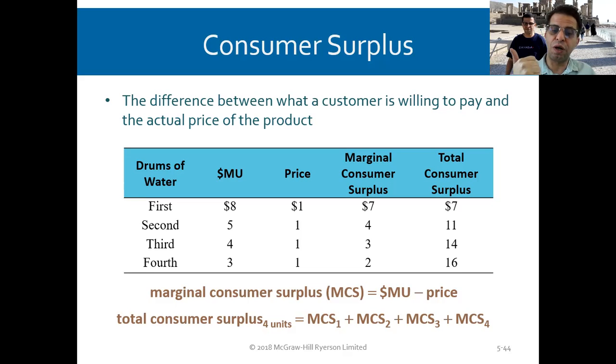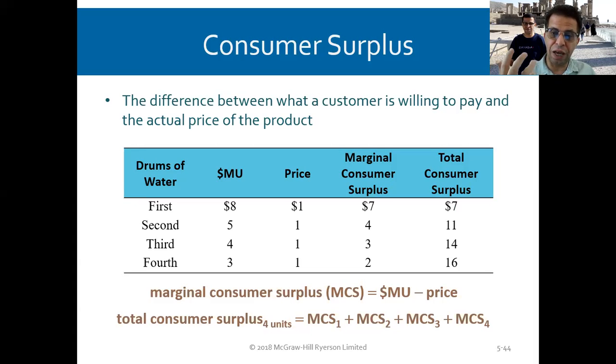Now, the first one, you're willing to pay $8, the price is $1, and the marginal utility is $8. Your marginal consumer surplus is $7, because it's worth $8 to you, but you're buying it at $1.